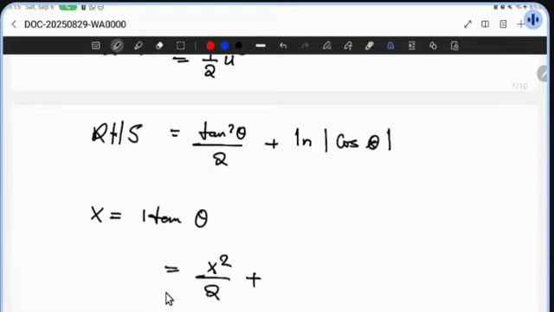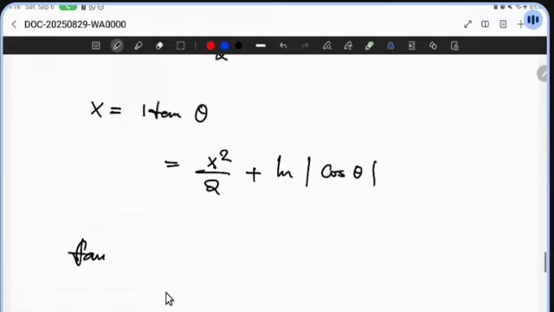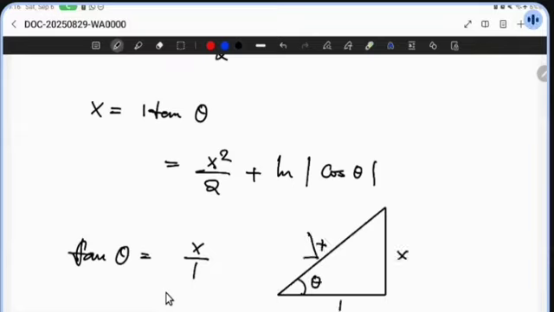How about cos? To get cos, we can take advantage of tan. If I make tan theta the subject, I'll have x over 1. Tan is opposite over adjacent. If my theta is here, tan is opposite, which is x, over adjacent, which is 1, implying that the longest side is root of x squared plus 1.